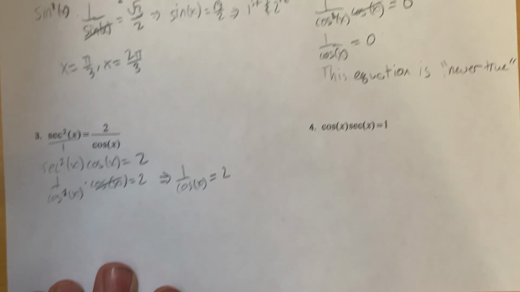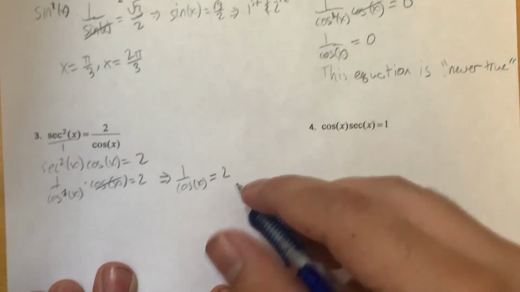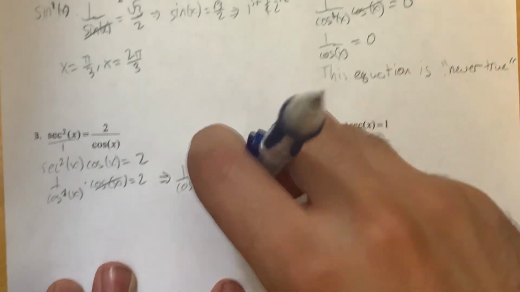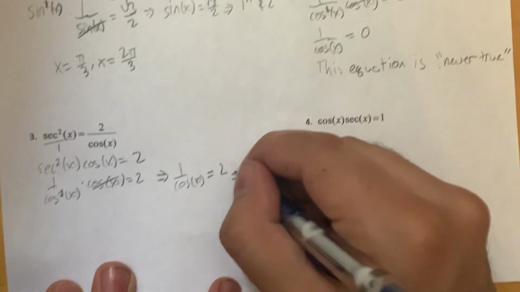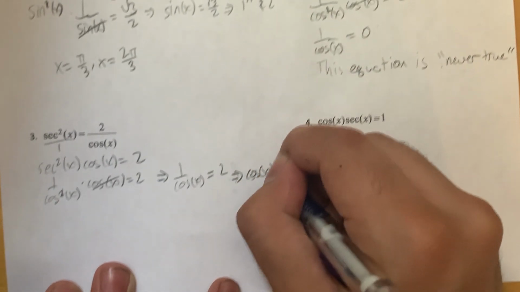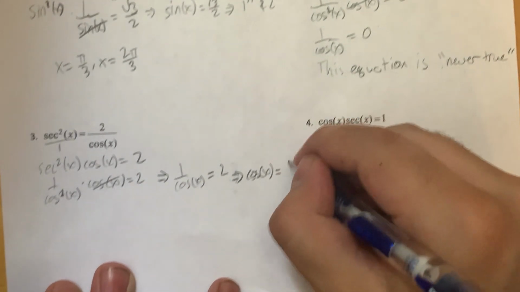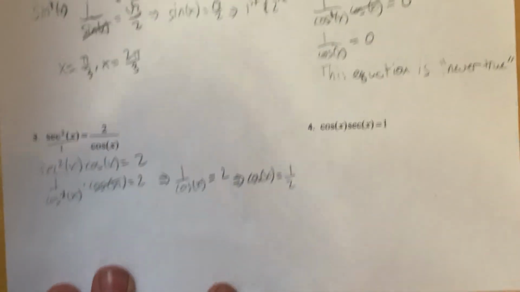This can happen because I can flip it back around, and I can get cosine of x in the numerator, equal 1/2. And we know that there are solutions for cosine of x equals 1/2.